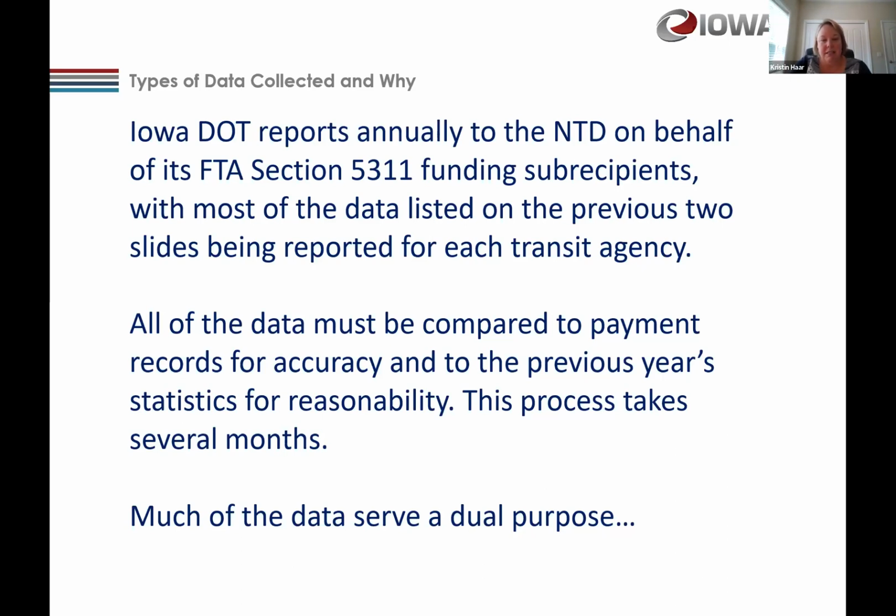And that process takes several months. So we go back and forth with the transit agencies, but then we input it all into the NTD forms, all the proper forms, and then NTD has an analyst assigned to the Iowa DOT, and we go back and forth with the NTD analyst with all of their questions about our service statistics and other information. So it does take quite a long time, quite a lot of staff time to put all of that in for all of our subrecipients.